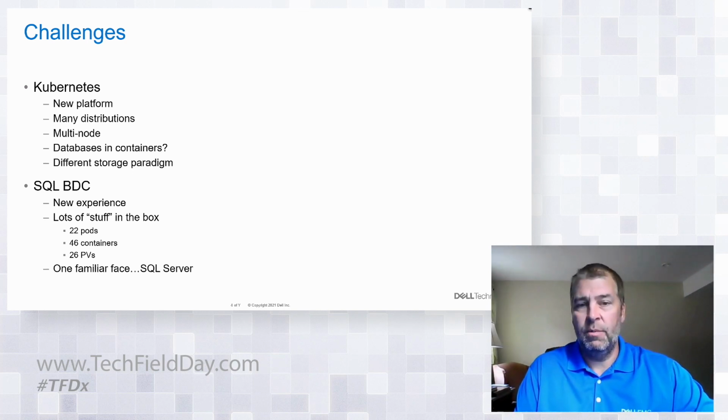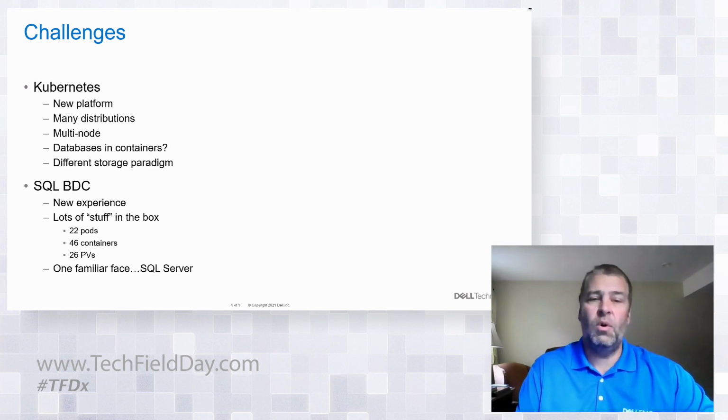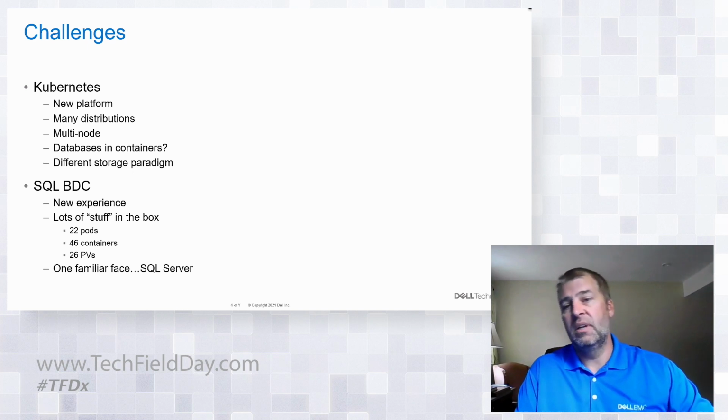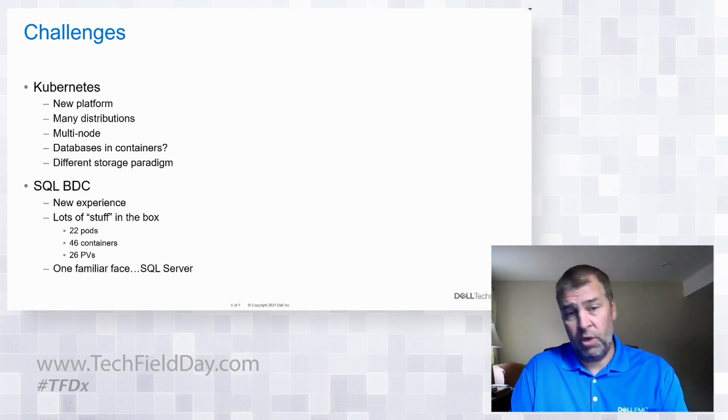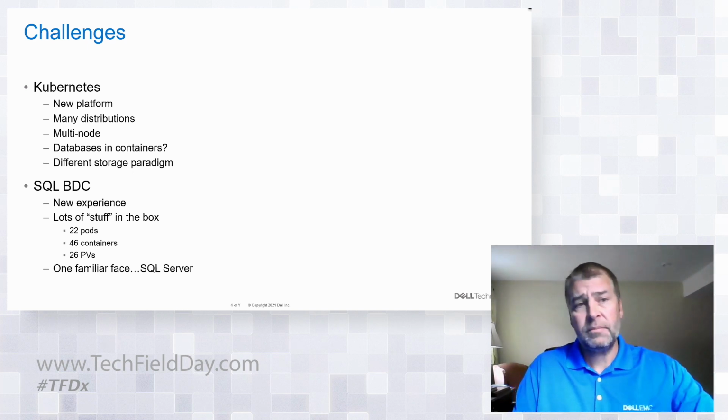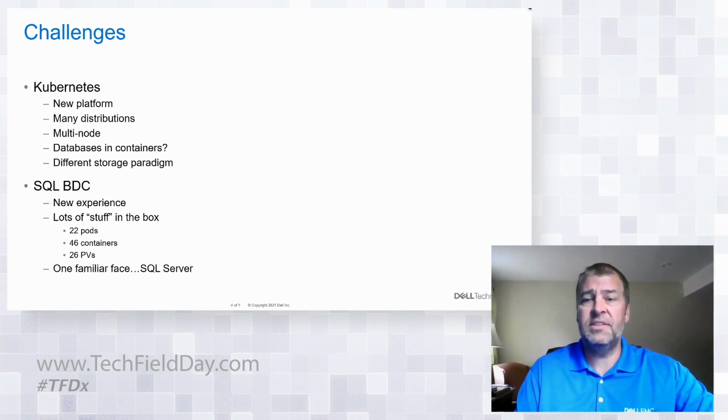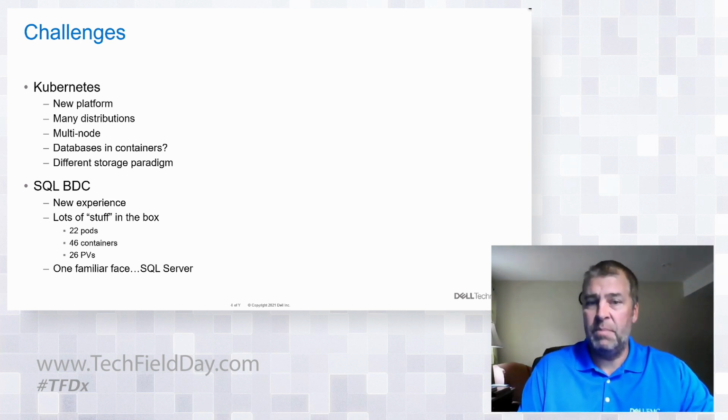So once you get past the Kubernetes hurdle, you have this whole SQL BDC platform to deploy on top of it. It's a completely new deployment experience because you're working on Kubernetes. A lot of the stuff is Linux based. We're deploying components in here in terms of Hadoop and Spark, Grafana, Kibana. So there's a whole lot of stuff in this BDC box.